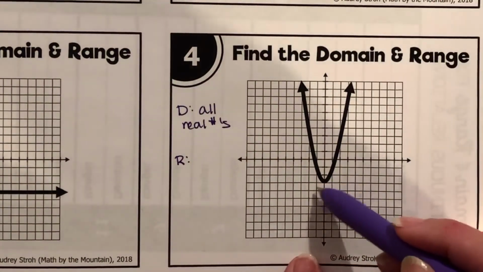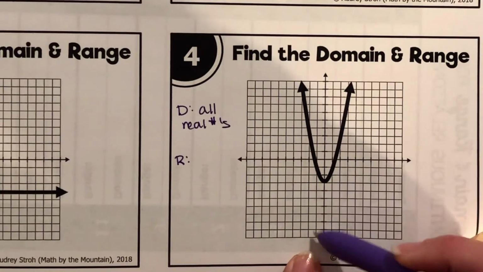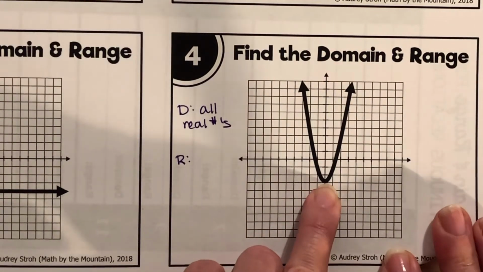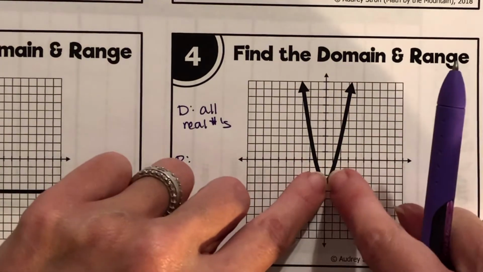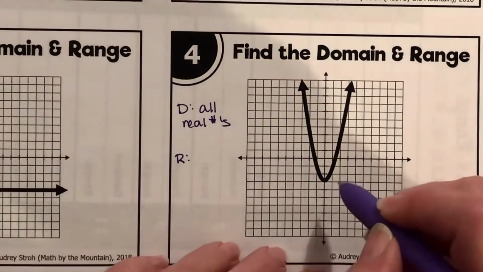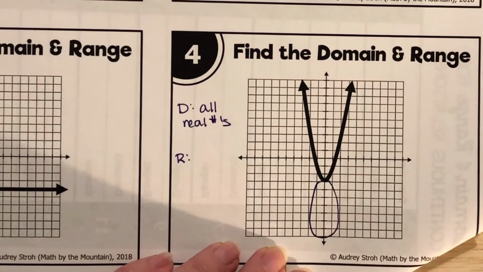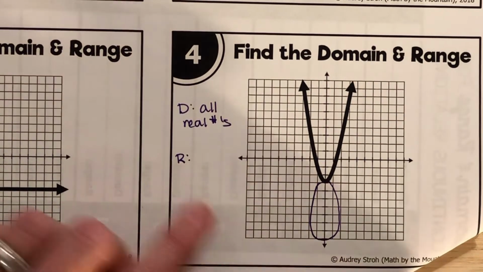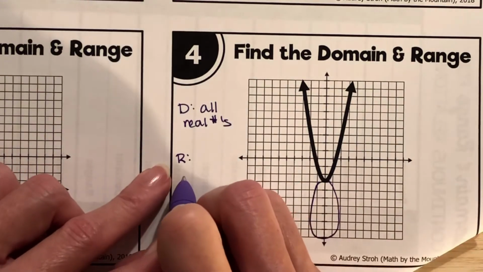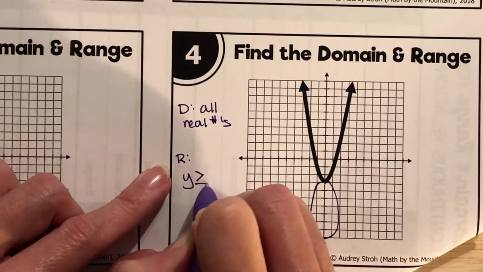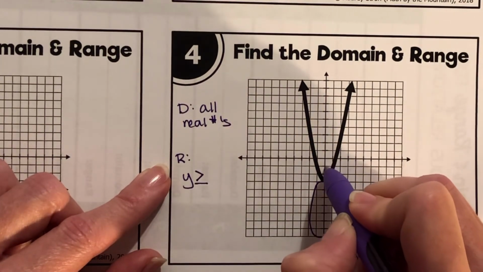But will I ever get any of these y values? I won't, because the minimum point of my graph is here, and then it just increases. So I will get none of these ones. So let's see, I'm going to have my y has to be greater than or equal to, let's see, this is -1, 2, 3.